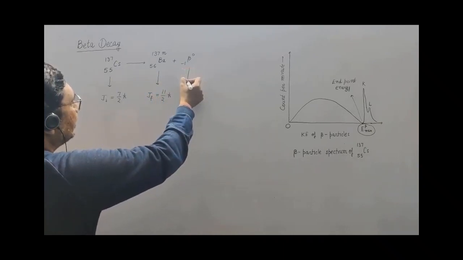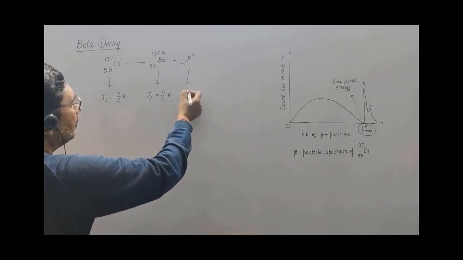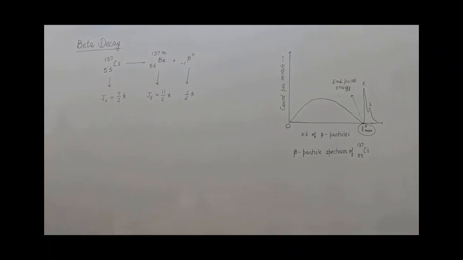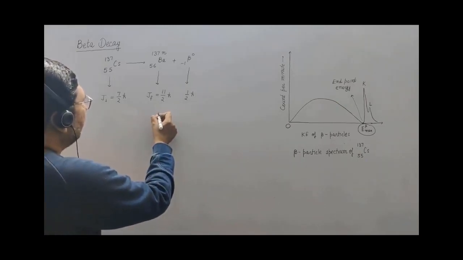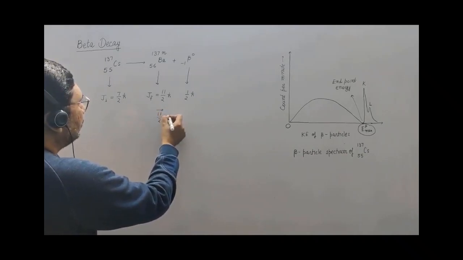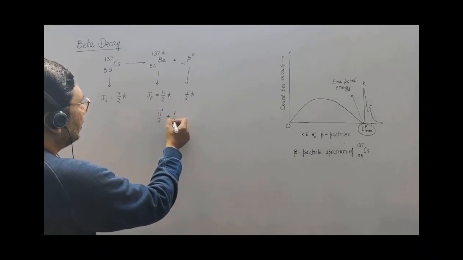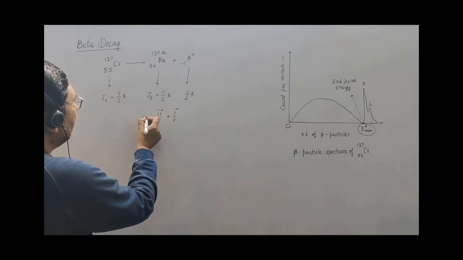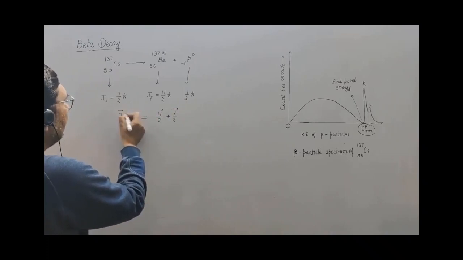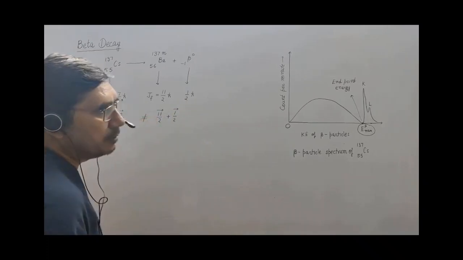And this beta minus particle, which is an electron, carries spin of half H cross. Now, by combining this 11/2 and this half spin, we can never get 7/2 H cross. They cannot be equal.